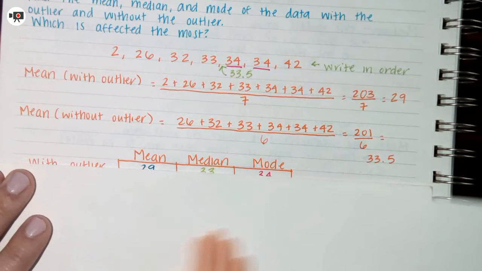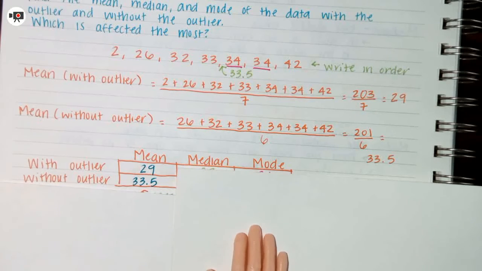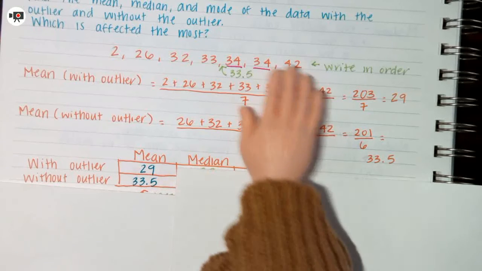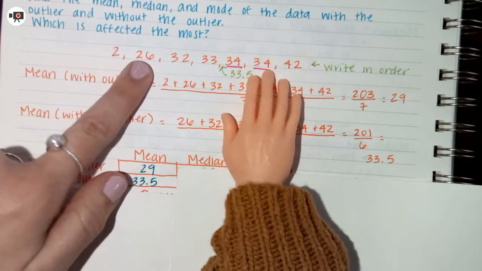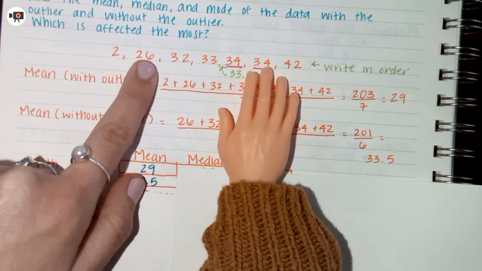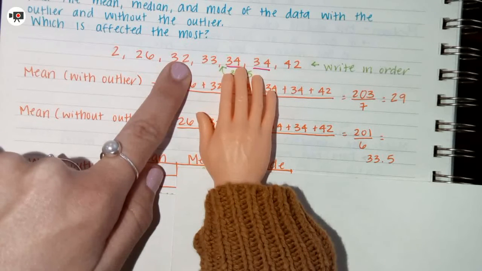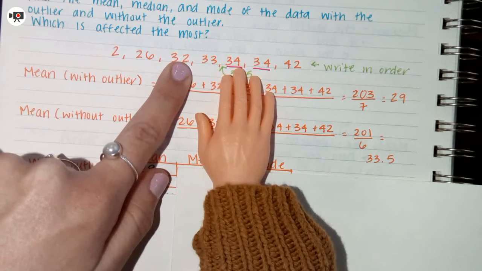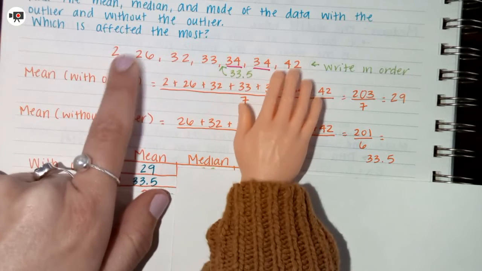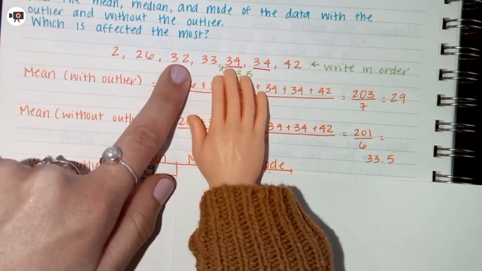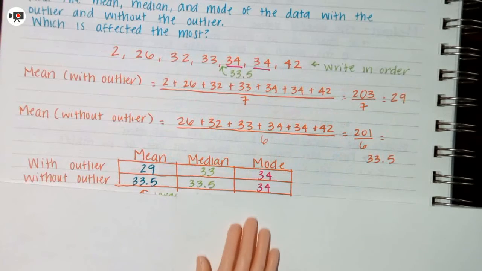So in my chart, I can have the mean with and without the outliers. To find the median, I'm going to go from the outsides in, and I see that it is 33.